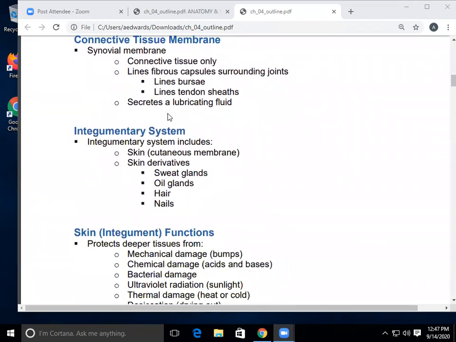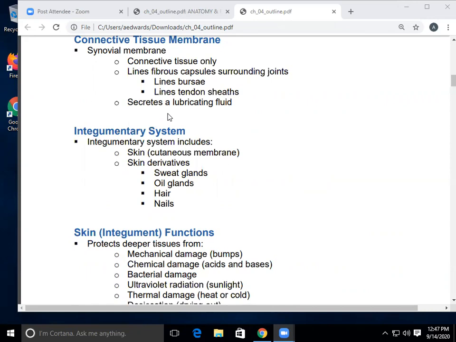All right, let's talk about the connective tissue membrane, the synovial membrane. It's only made up of connective tissue, no epithelial tissue. What is its role? Well, it lines what we call fibrous capsules that surround your joints. It also lines what we call bursae, which are basically like sacks of fluid.